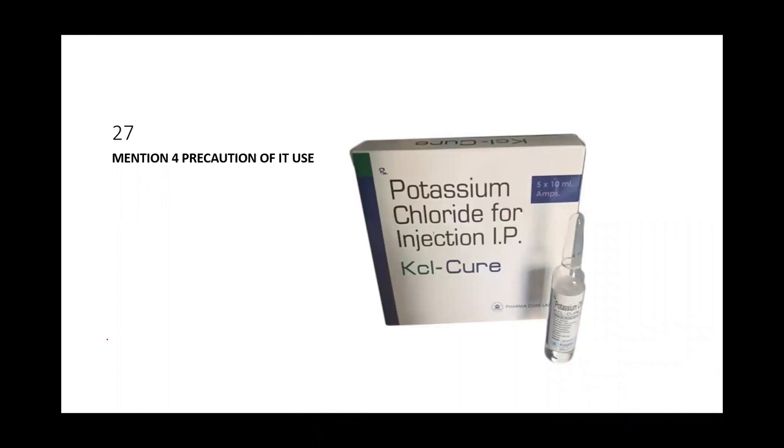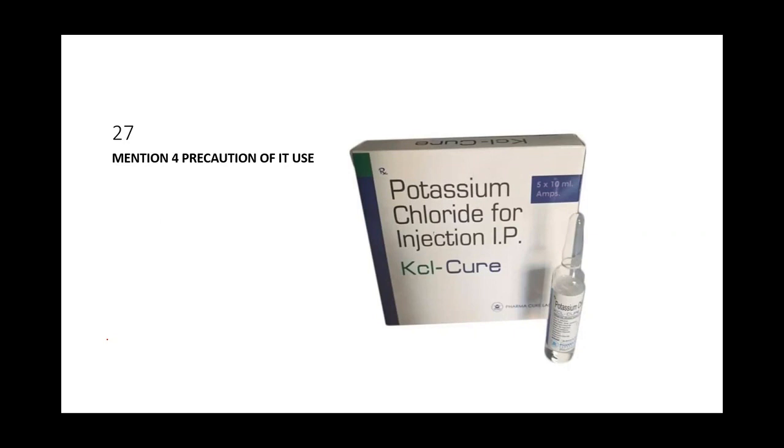Mention 4 precautions using this drug. The patient must be making adequate urine. Yes. The patient should be under ECG monitoring. Yes. It should not be given as a bolus. Urine output monitoring.